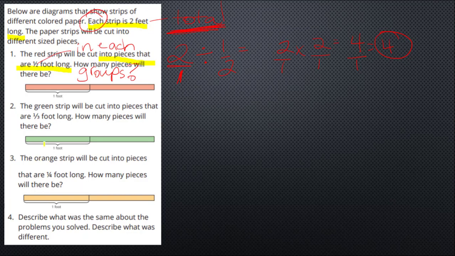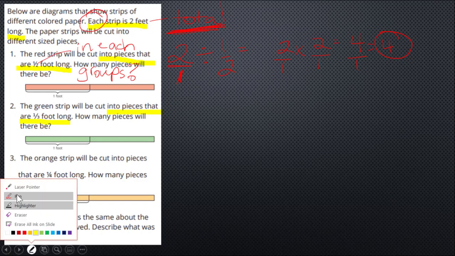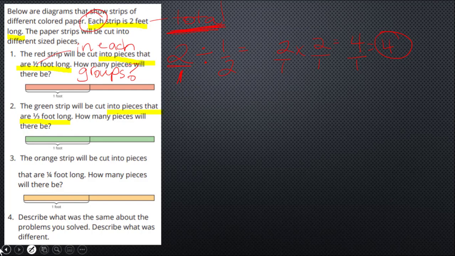My second one, the green strip will be cut into pieces that are 1/3 foot long. How many pieces will there be? So I still know that I have 2 as my total, and 1/3 would be my new in each. So I still do not know my groups.